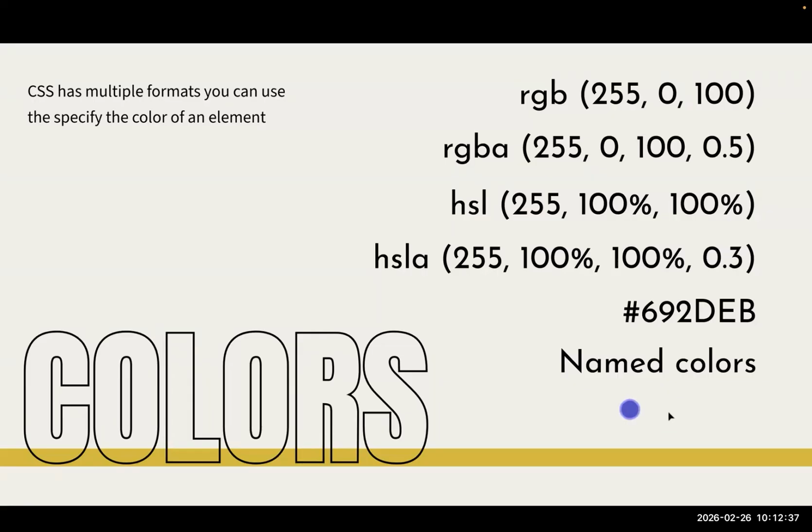And so if you want to add a truly custom color, you'll want to use one of these other five formats. So RGB stands for red, green, and blue, and this will have a value associated with each. So this first value associates to how much red is in the color. The second value is how much green is in the color.